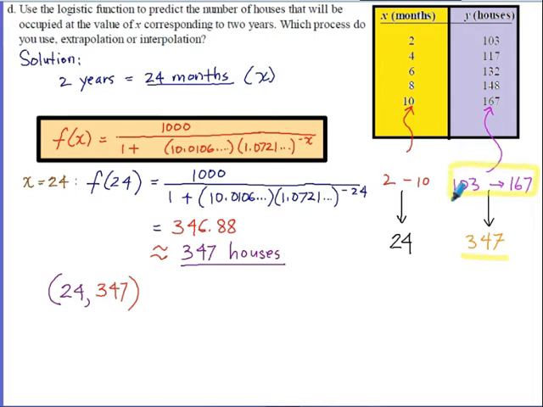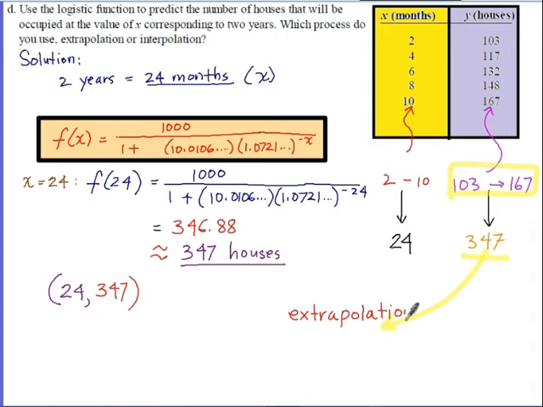The range value is 103 to 167. Therefore, because it's not on the range, the process that we did is extrapolating. Okay, extrapolation as a process.